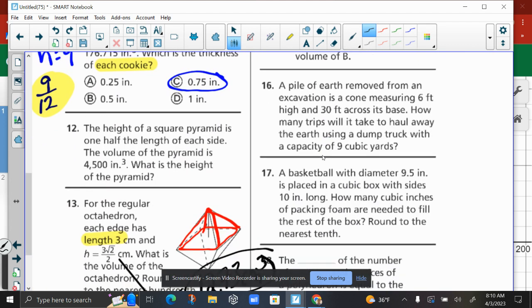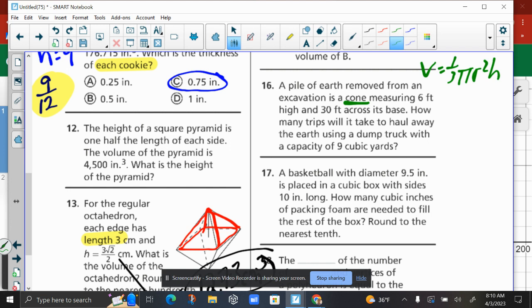16. A pile of earth removed from an excavation is a cone measuring 6 feet high and 30 feet across at the base. How many trips will it take to haul away the earth using a dump truck with a capacity of 9 cubic yards? So first we need to use the cone formula. Volume equals 1/3 pi r squared h.